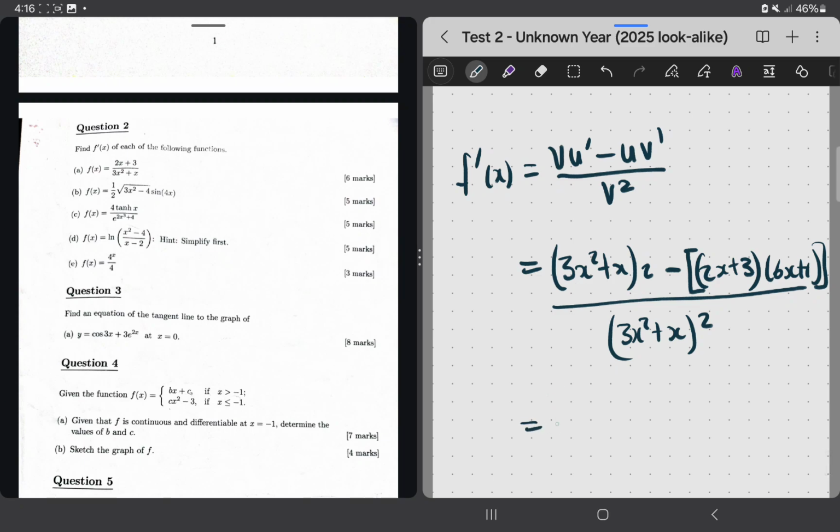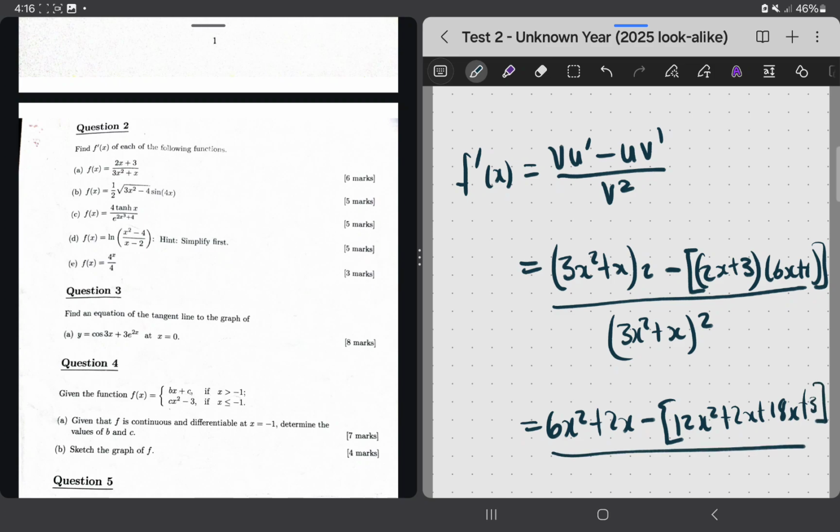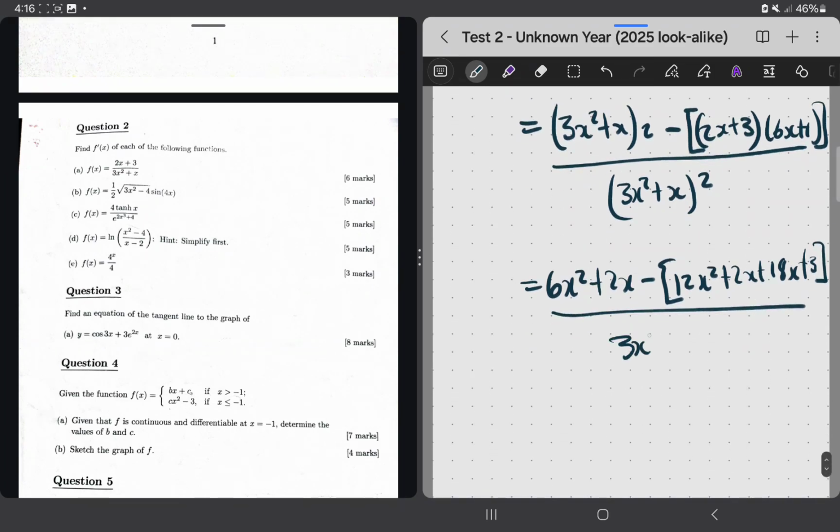Now what are we going to get here? 2 by 3x squared, 2 by 3 is 6x squared, then 2 by x is 2x. Then minus, we first have to simplify this bracket. 2x multiplies everything in the second bracket, and then 3 multiplies them. So 2x times 6x: 2 times 6 is 12, x times x is x squared. 2x times 1 is plus 2x. 3 times 6x is 18x, then 3 times 1 is 3. It's all over 3x squared plus x, all squared.